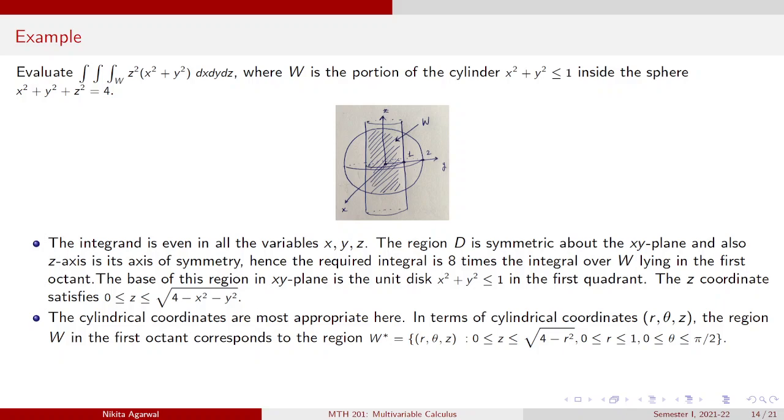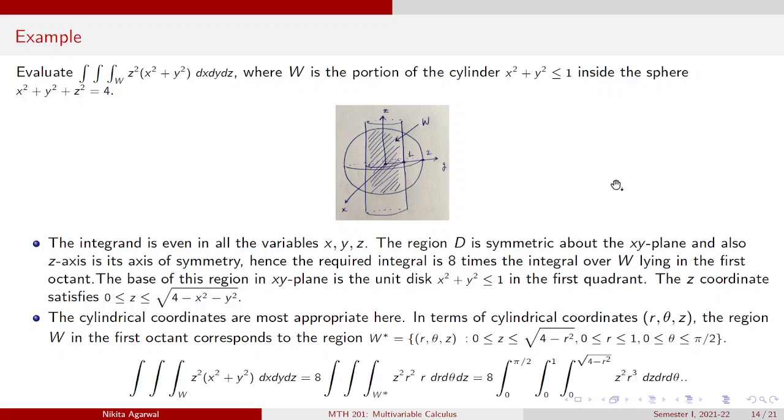Cylindrical coordinates are most appropriate here. In terms of cylindrical coordinates r, theta, z, this region in the first octant corresponds to this region, where z goes from 0 to square root of 4 minus r square. r goes from 0 to 1 because that's the distance from the origin to the projection. And theta goes from 0 to pi by 2 because I'm just focusing on the first quadrant.